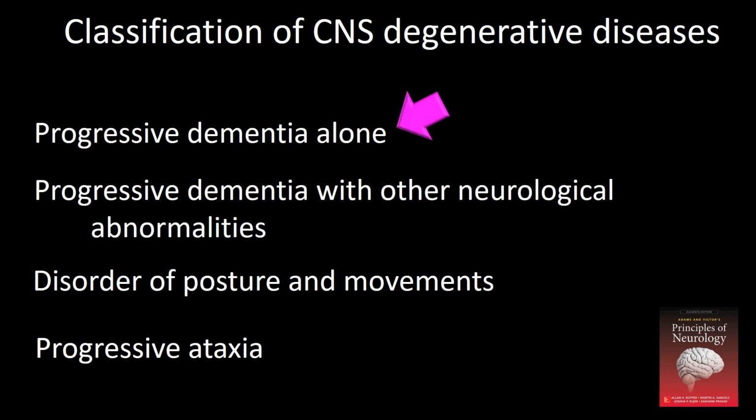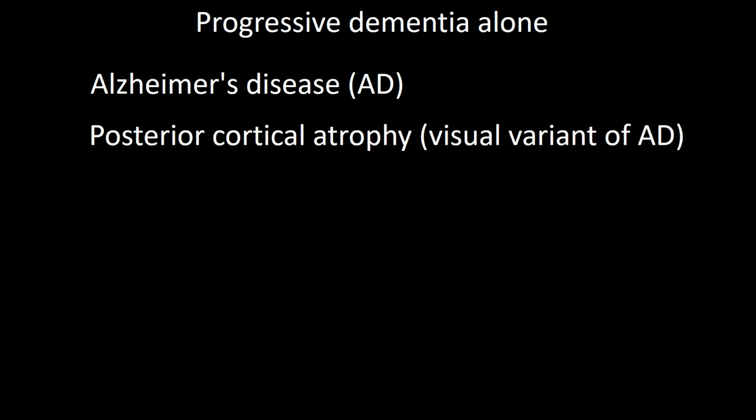Among this restricted classification, we are first going to talk about progressive dementia alone. In this group we have Alzheimer's disease, posterior cortical atrophy, which most neurologists consider a visual variant of AD, and frontotemporal dementia.